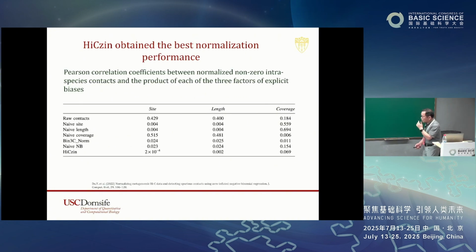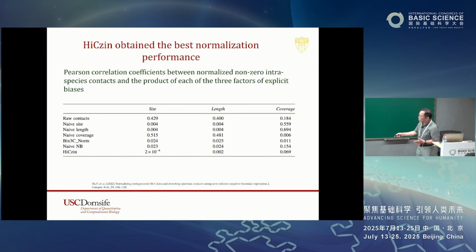After we do this normalization, we ask: did we remove those biases? Essentially, we again look at the association of the count with those factors. Without any normalization, you can see there are high associations between the number of high-C counts and the number of restriction sites, the length, and the copy number.